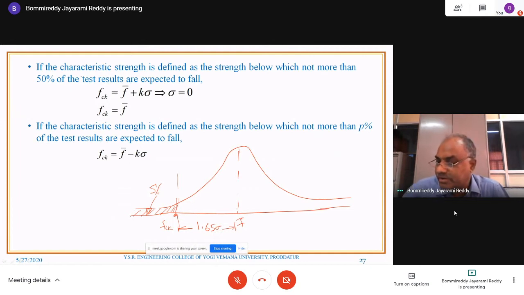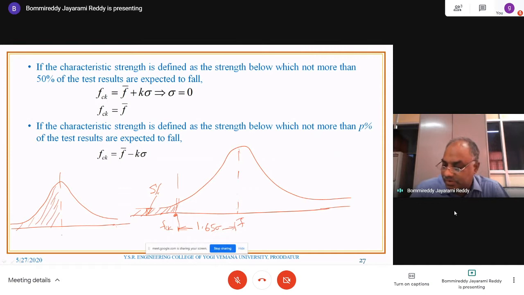And in general, suppose the characteristic strength is defined as the strength below which not more than 50% of the test results are expected to fall. Okay, we are discussing this early; we need to discuss characteristic strength originally. So what is the meaning of it? That means the result should not lie here.